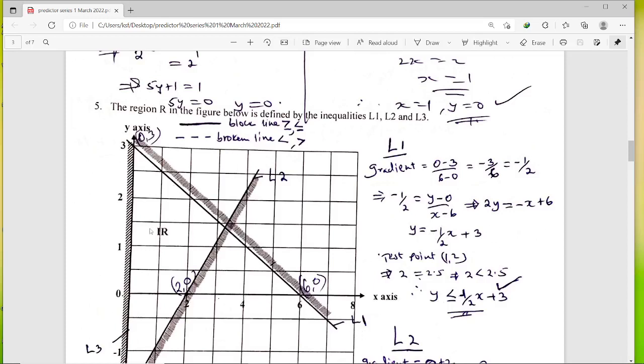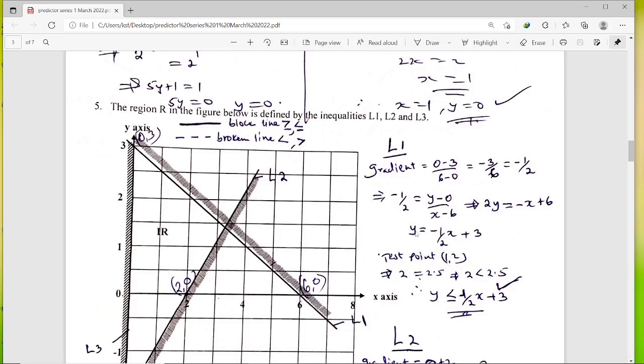Therefore, we need to pick one point on the region. If I pick a point here, I've picked 1, 2. Remember this is x, the value of x is 1, because this is 2, this is 0, and therefore this is 1. I've picked the point 1, 2 to use as a test point. In the equation, where I have y I place 2, and where I have x I place 1.